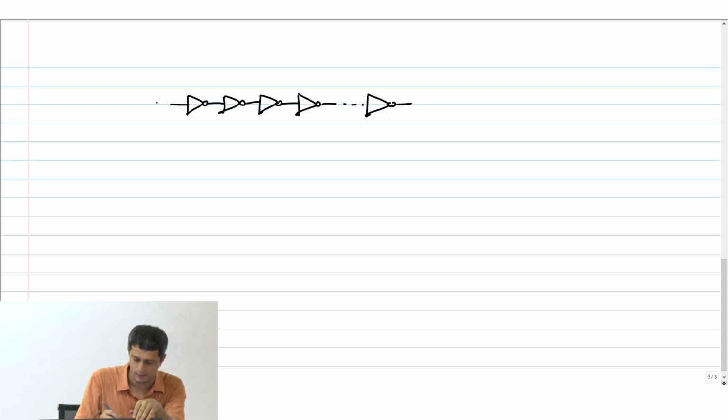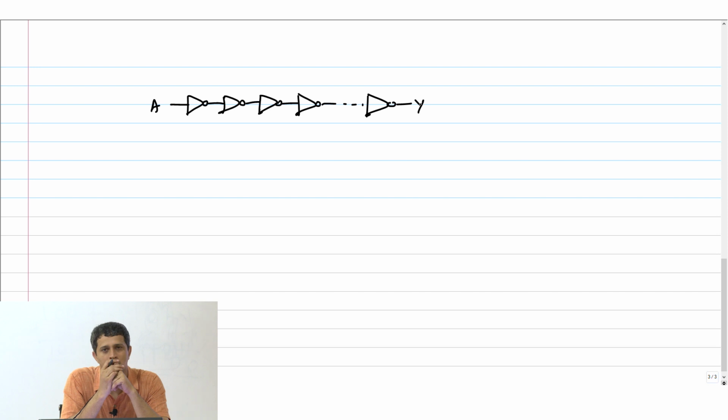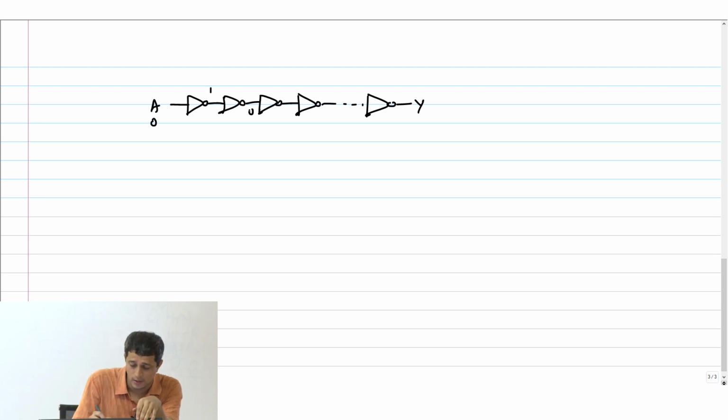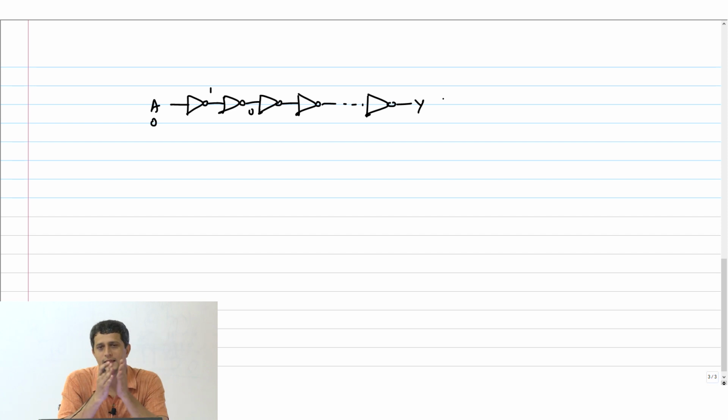Now how do I use this technique? Let us look at this. Just consider a simple inverter chain circuit, because we have not done other gates till now. I will not go into that. Let's assume that this is my circuit. My input A, output Y. Now if the input is 0 here, this will be 1, 0 and so on, and then you're going to have a leakage current.